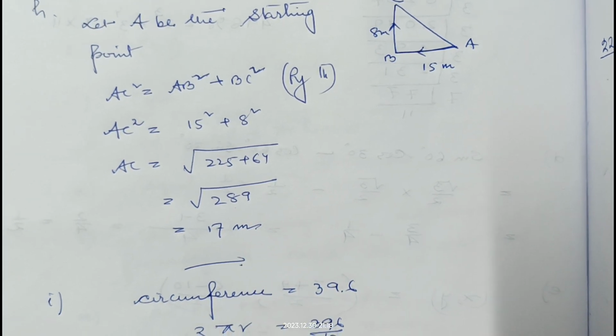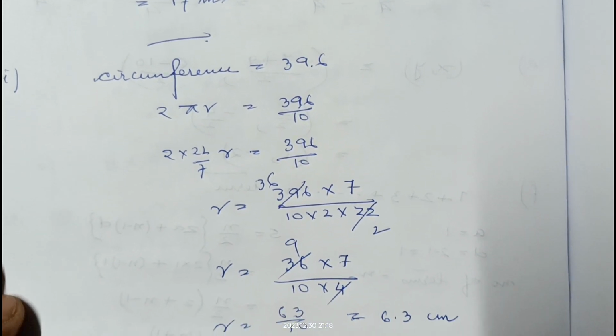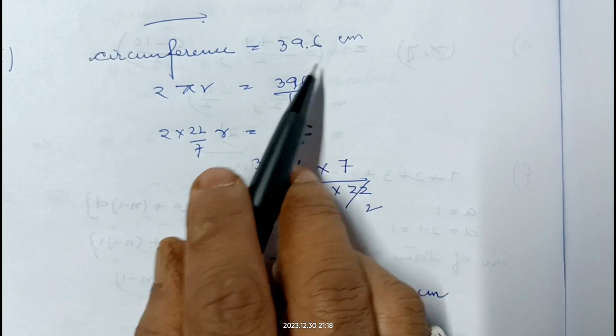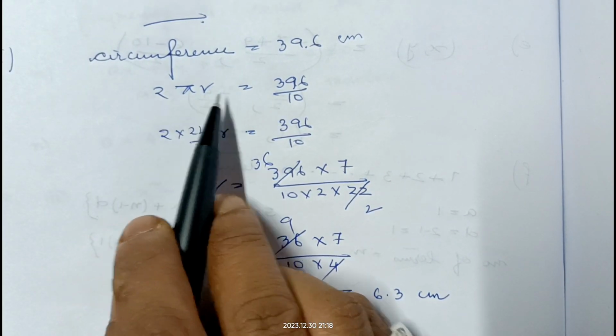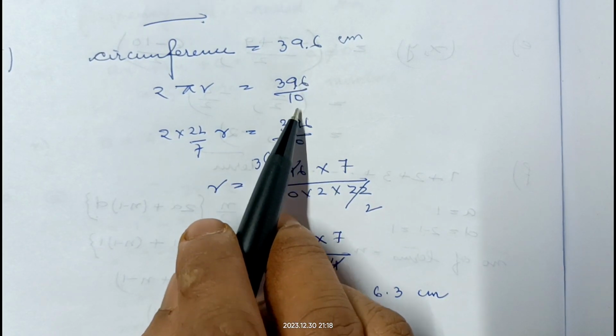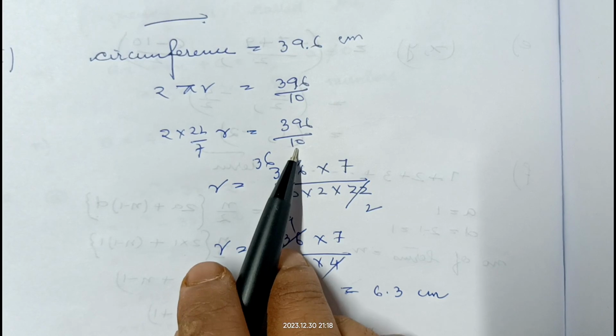Next question, it is given the circumference of a circle is 39.6 centimeter and we have to find the radius. Since circumference is 39.6 centimeter, so we can write 2 pi r is 396 by 10. After decimal one place, so we have written 10. So 2 into 22 by 7 into r is 396 by 10.